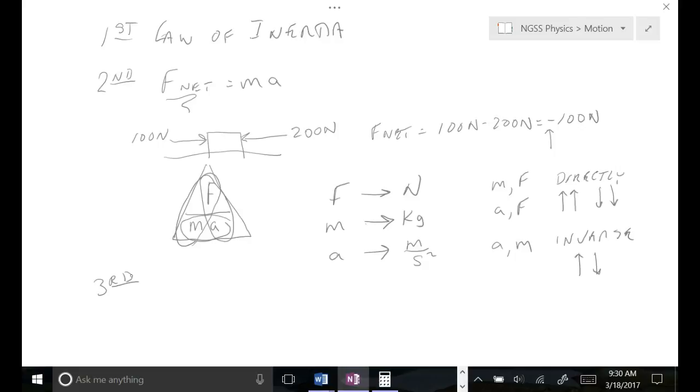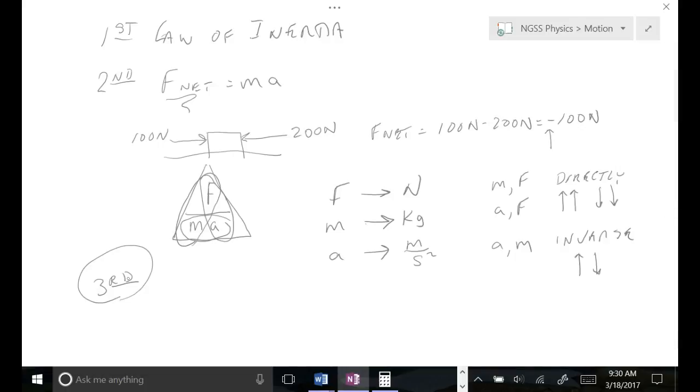And also why, even though it's a little hard to understand, it's necessary, and without it, the first two laws really don't matter, because these net forces that cause the changes in motion really wouldn't be able to be communicated between objects. Okay, so third law, very, very necessary. For every action, there's an equal and opposite reaction.